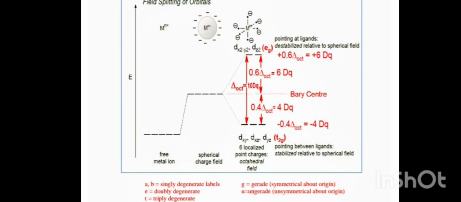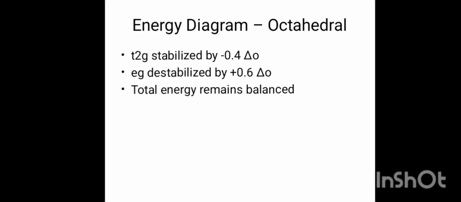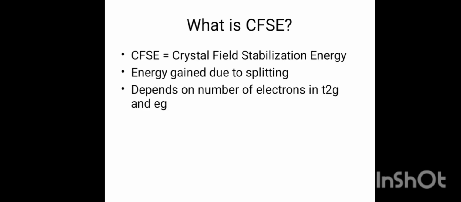The difference from the barycenter to t2g is minus 0.4 delta O, and from the barycenter to eg is plus 0.6 delta O. This is the energy diagram of an octahedral complex. t2g is stabilized by 0.4 and eg is destabilized by 0.6. The total energy remains balanced.